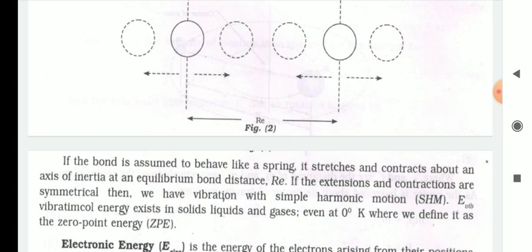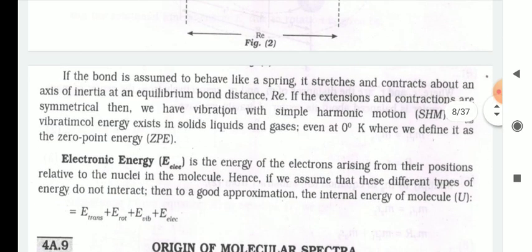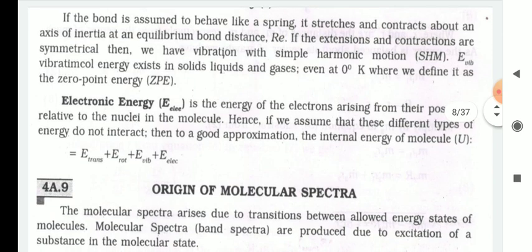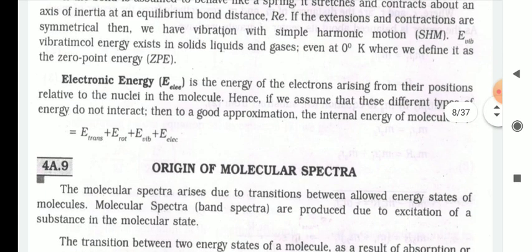Due to this stretching and contracting about their mean position, that contributes the vibrational energy. The electronic energy of the molecule arises due to the change in the positions of the electrons with respect to the nuclei in the molecule.